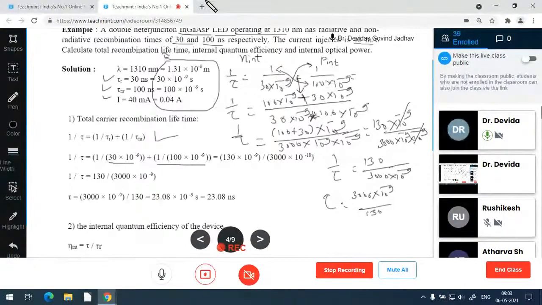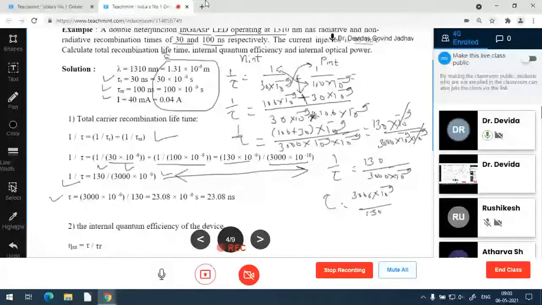That is written here. 1 upon tau is 130 into 10 raised to minus 9 divided by 3000 into 10 raised to minus 18. 10 raised to minus 9 into 10 raised to minus 9 is 10 raised to minus 18. So this 10 raised to minus 9 cancels with one 10 raised to minus 9, and 130 divided by 3000 into 10 raised to minus 9 remains.